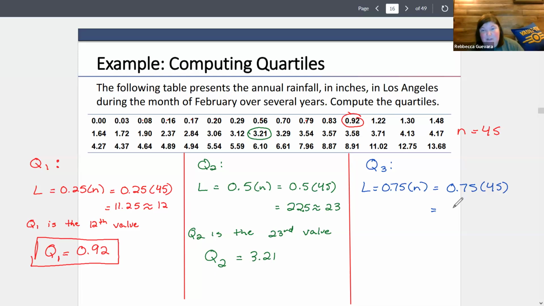And that's going to be 33.75, or we're going to round it up to 34. So this is 15, 30, 31, 32, 33, 34.